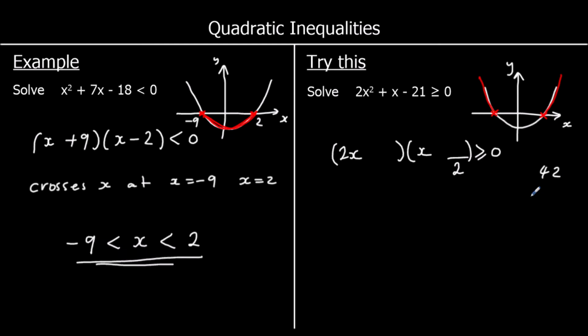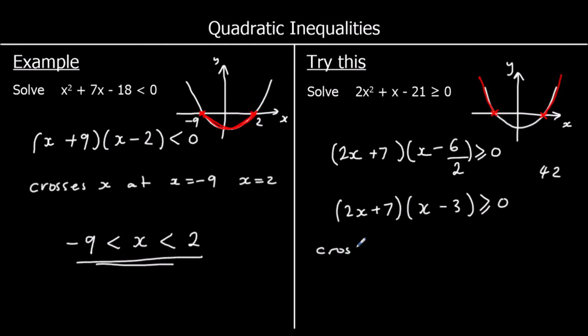What multiplies to make 42 and adds to make 1? That is 6 times 7. We're going to have plus 7 and minus 6. So it's 2x plus 7 and x minus 3. So it crosses the x-axis at the values that make these brackets 0.